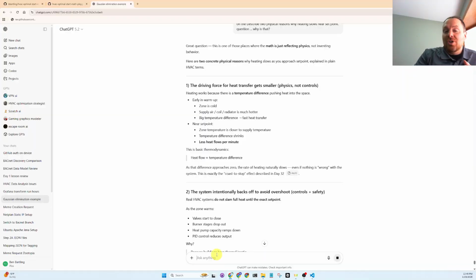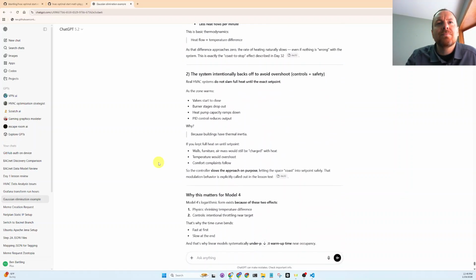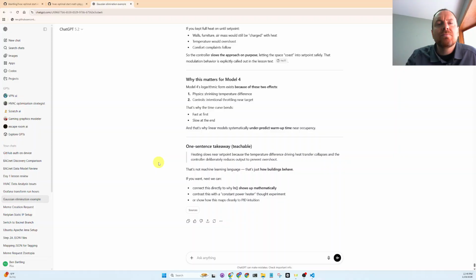That's why in chillers and heat exchangers, if you don't have a delta temperature, you're not going to get any heat transfer. So it's a product of heat transfer theory. This is basic thermodynamics. The connection is why it shows up mathematically in log format. So it's kind of cool.